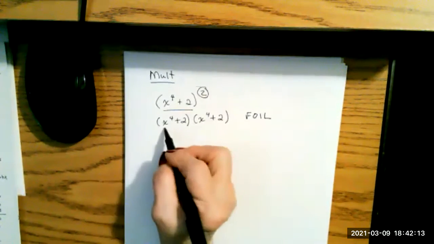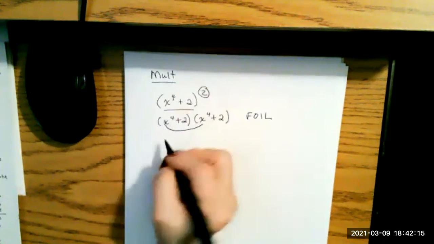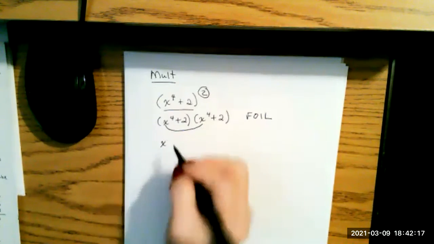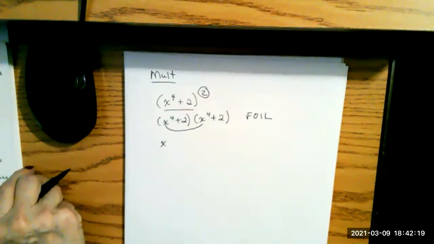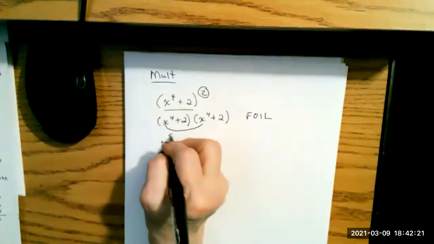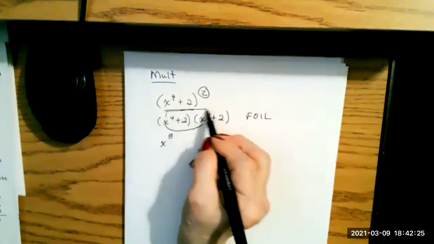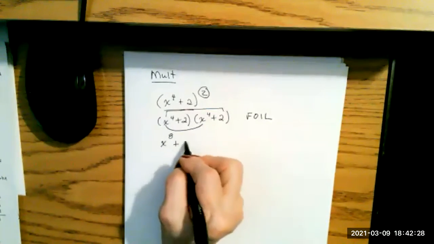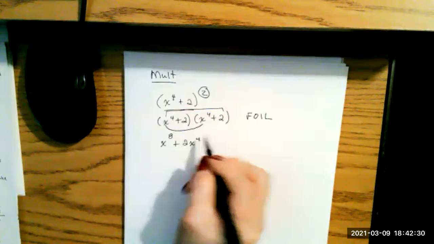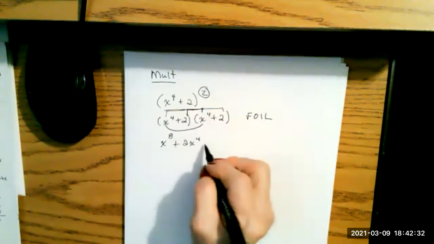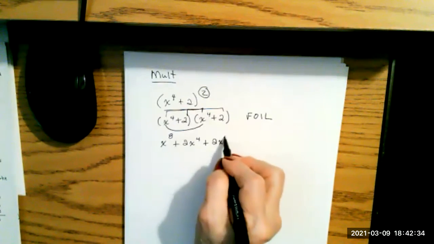Okay? So x to the 4th times x to the 4th is x to the 8th. And then the outer one is going to be 2x to the 4th, and the inner one's going to be 2x to the 4th.